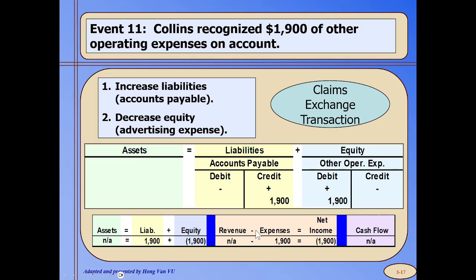For the income statement, there's an expense increase of 1,900, and as a consequence, the net income decreased by 1,900. This is for recognizing, not paying, so there's no impact on cash flow.